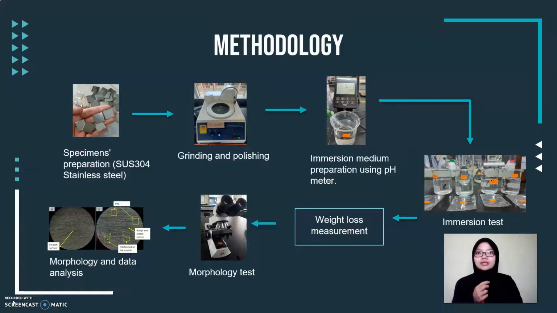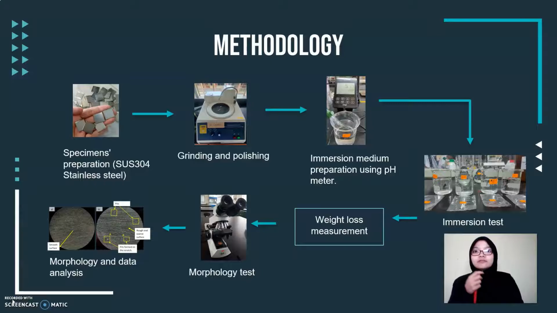Test. For the total immersion test, 250 milliliters of different pH corroding media were filled in 500 milliliter beakers. All the samples were immersed in the corroding media in each beaker. The samples were exposed to corroding media throughout different immersion times of 2, 4, 6, and 8 days at room temperature, 25 degrees Celsius, in the fume hood.